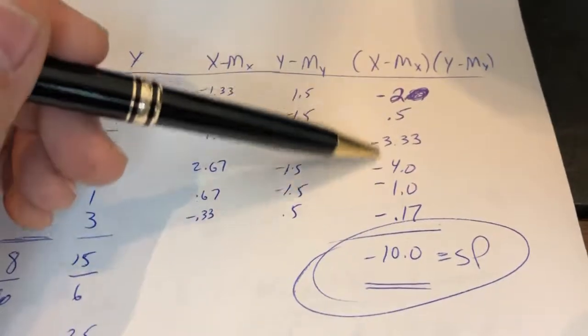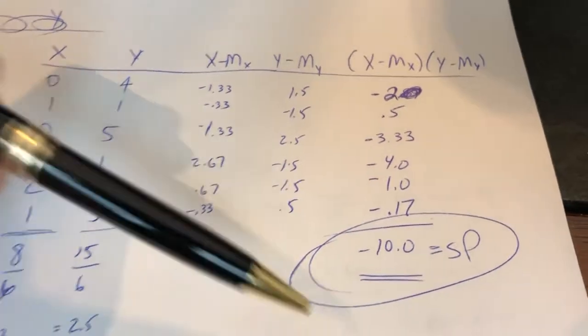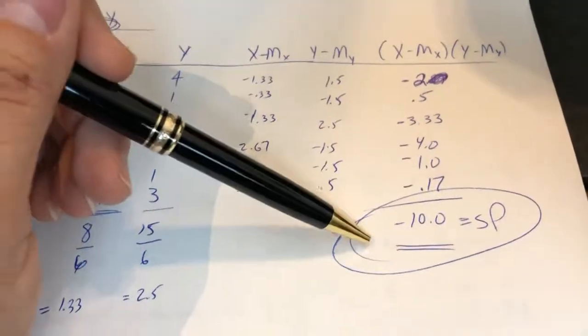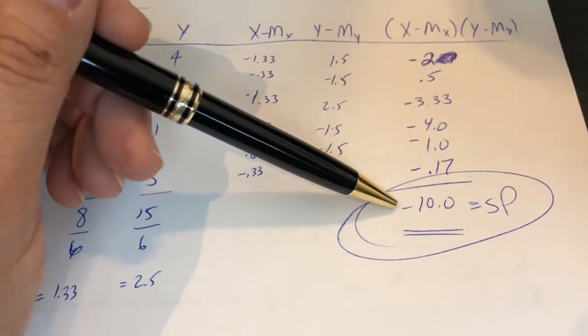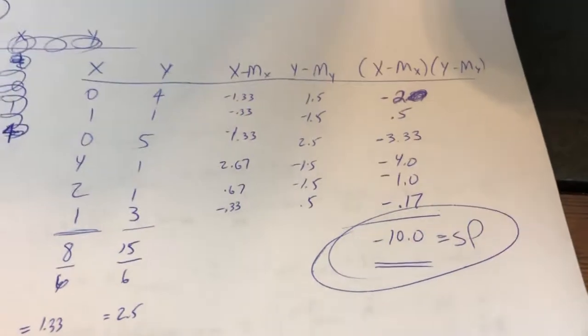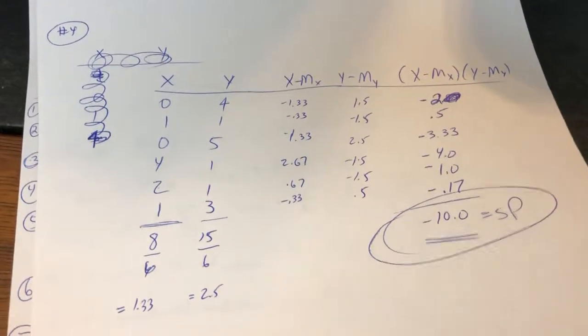And you do that all the way down, and I get negative 10, and that's your SP. That's what they asked for. I'm a little unsure, because I didn't read the chapter completely, if this can be a negative number. I hope it can be, because that's what I came up with. That's it. That's problem 4.